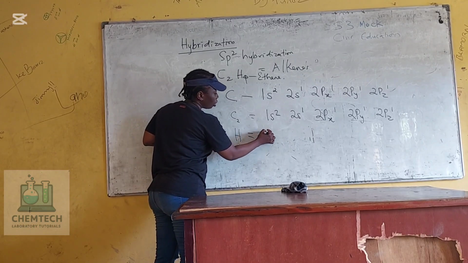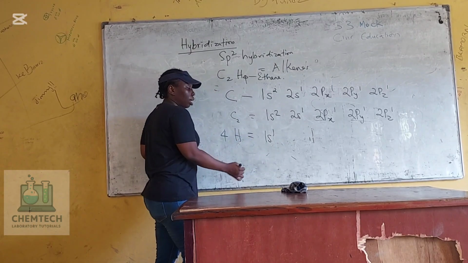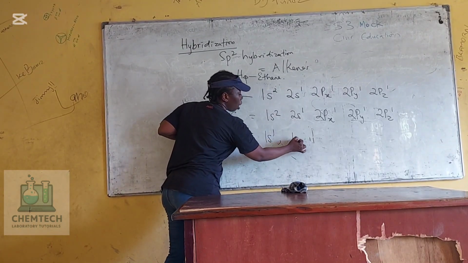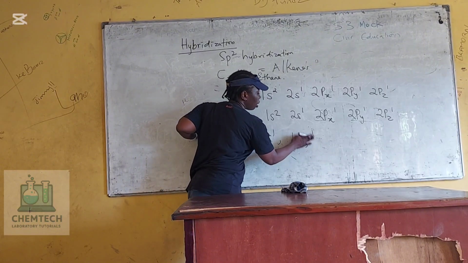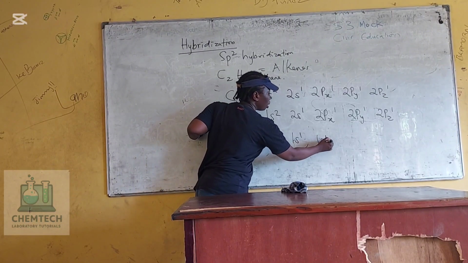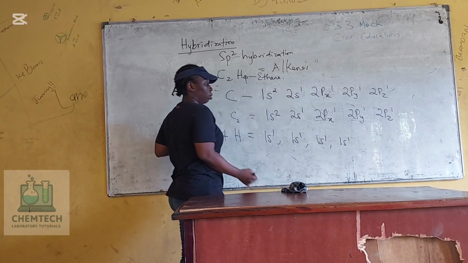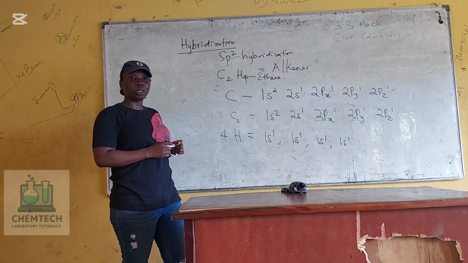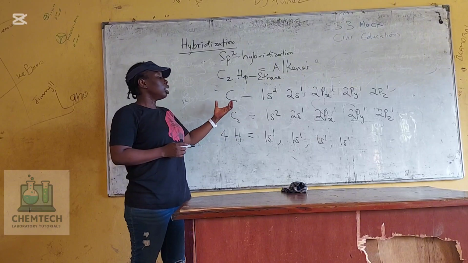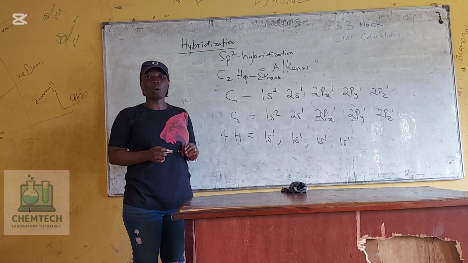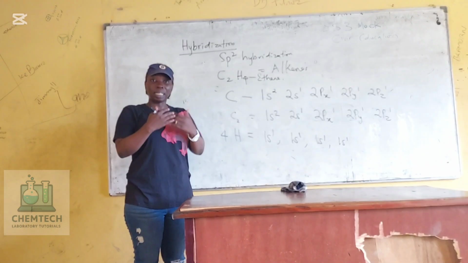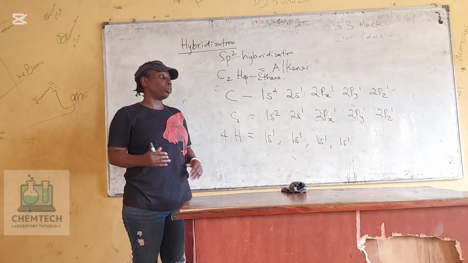So, the first hydrogen is 1s1, the second hydrogen is 1s1, the third hydrogen is 1s1, and the fourth hydrogen is 1s1. In this hybridization, the two carbon will first combine, will first overlap themselves to form a bond.